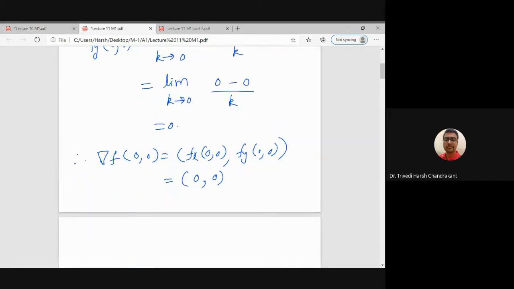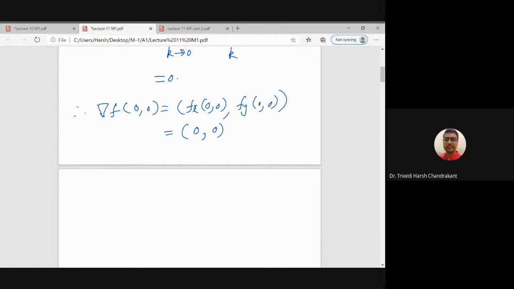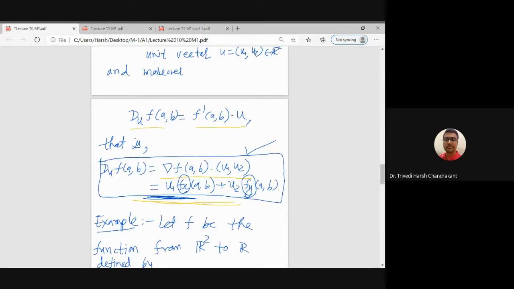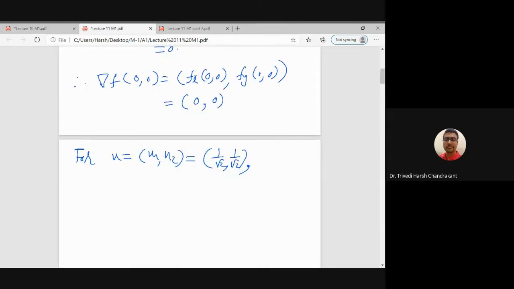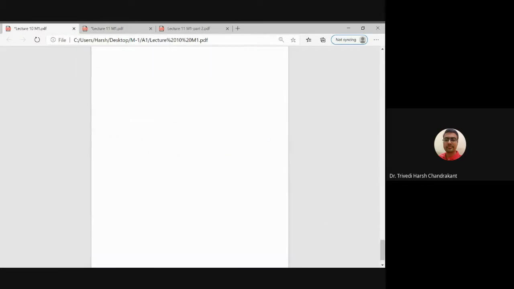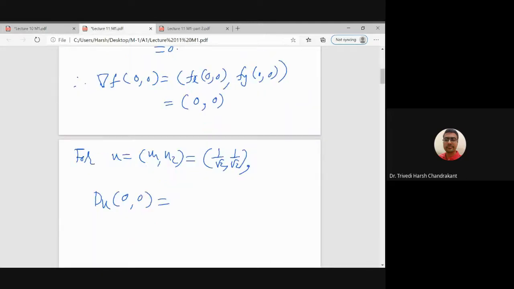So we will check this equation for u equals (u1, u2), which is (1 by root 2, 1 by root 2). We have already found the left side of the equation. Here (a,b) is (0,0). So what is the directional derivative? That is 1 by root 2.